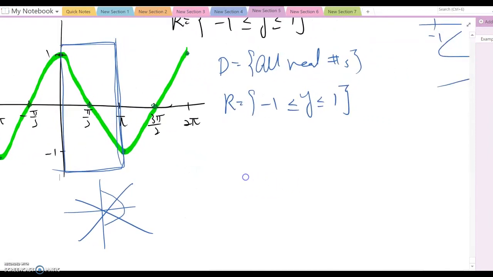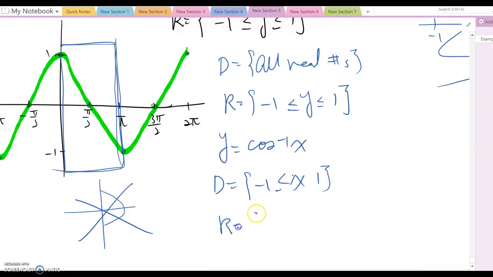Then, when we do the graph here, y equals cosine inverse x, the domain is x between negative 1 and 1, but the range this time is y between 0 and pi instead, right?